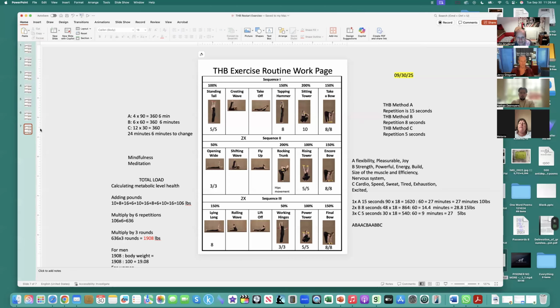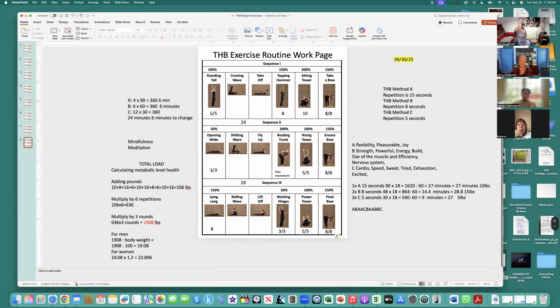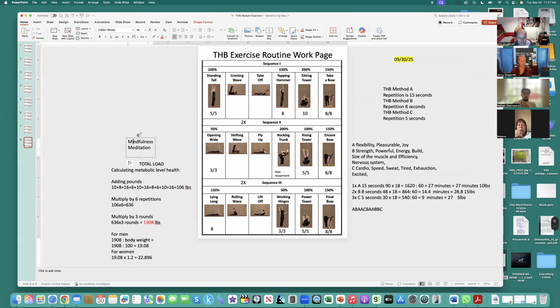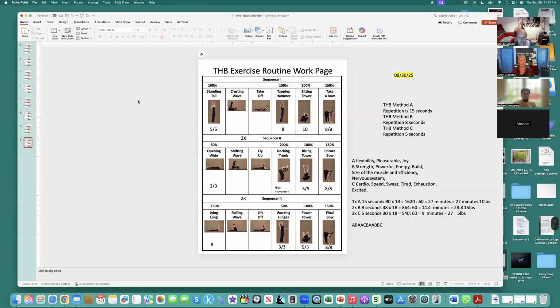Yeah. If you are 22%, so if we wanted to calculate that, you're 130 pounds? Yeah. 130 times 0.22 equals 28.6.